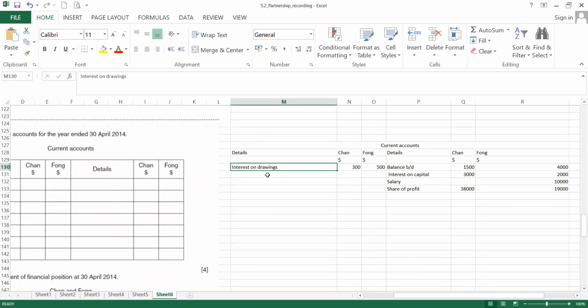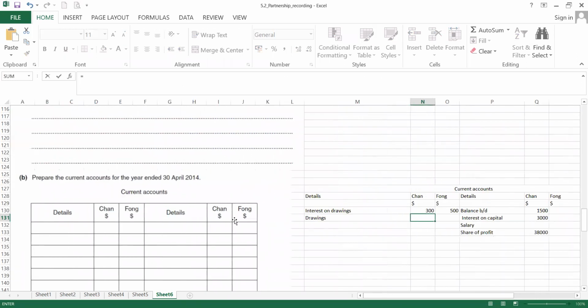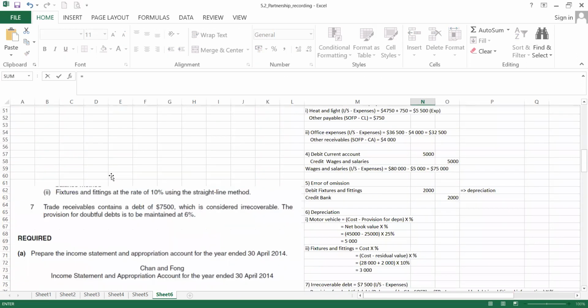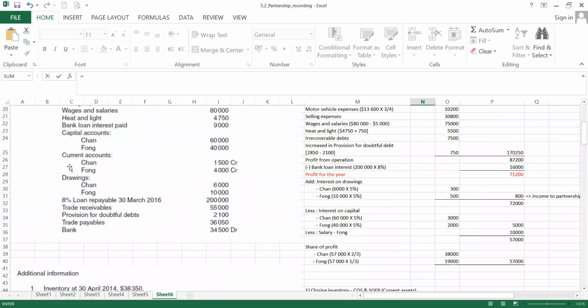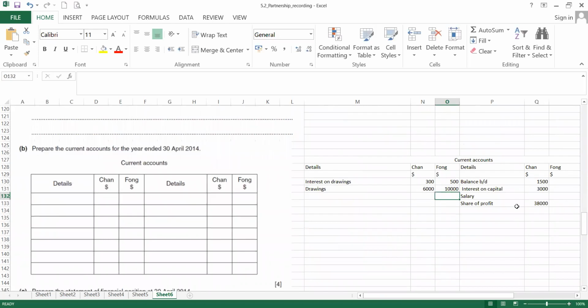Don't forget that when you have interest on drawing, you must put it here. For the partnership, drawing is kept under the current account. We get the information from the trial balance. You saw the drawing, 6,000 and 10,000. So this is the information that we have.